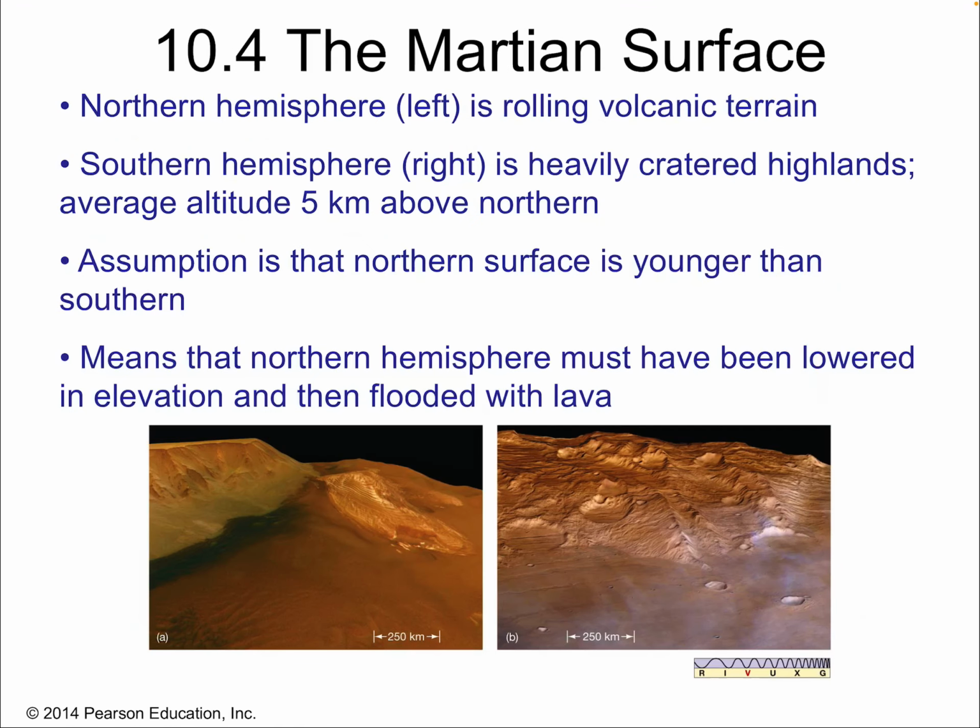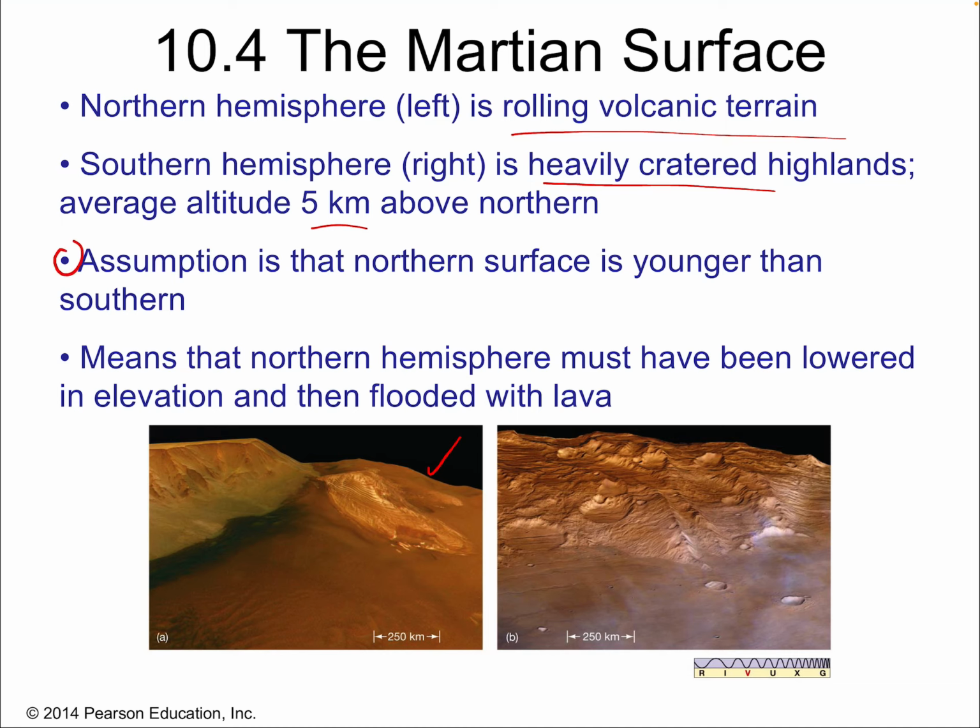Now, in summary, kind of about the Martian surface, we've got the northern hemisphere. It has rolling volcanic terrain, all right, so something like this, shown on the left. The southern hemisphere, on the other hand, is heavily cratered. It's got those highlands, okay, an altitude about 5 kilometers on average above the northern, okay, so much higher. Now, some parts are even higher, like the Tharsis Bulge, which is 20 kilometers, so really, really big, okay?